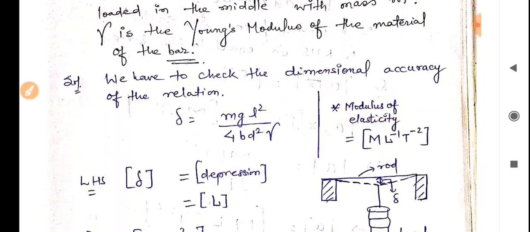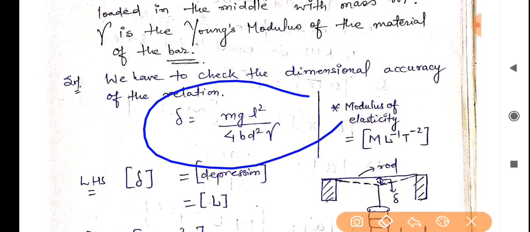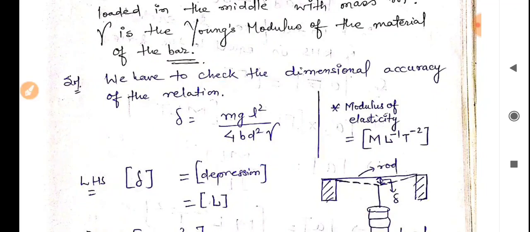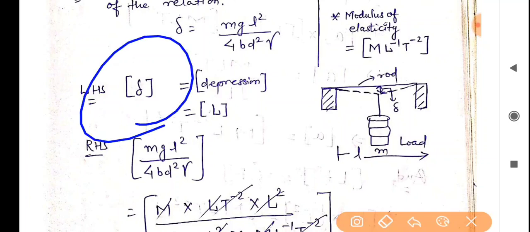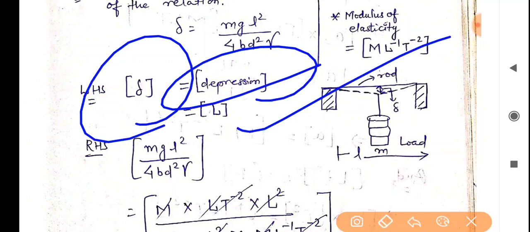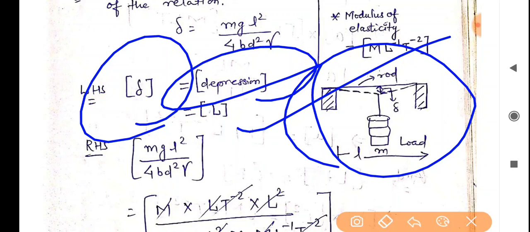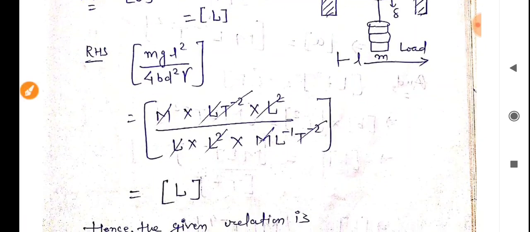Okay, so we have to check the dimensional accuracy of the relation delta equals mgl square divided by 4bd square Y. Let's see. Depression means change in length, so depression is L. On the right hand side we have been given mgl square divided by 4bd square Y, where Y is Young's modulus. I have told you Young's modulus or any modulus has the dimension of stress.